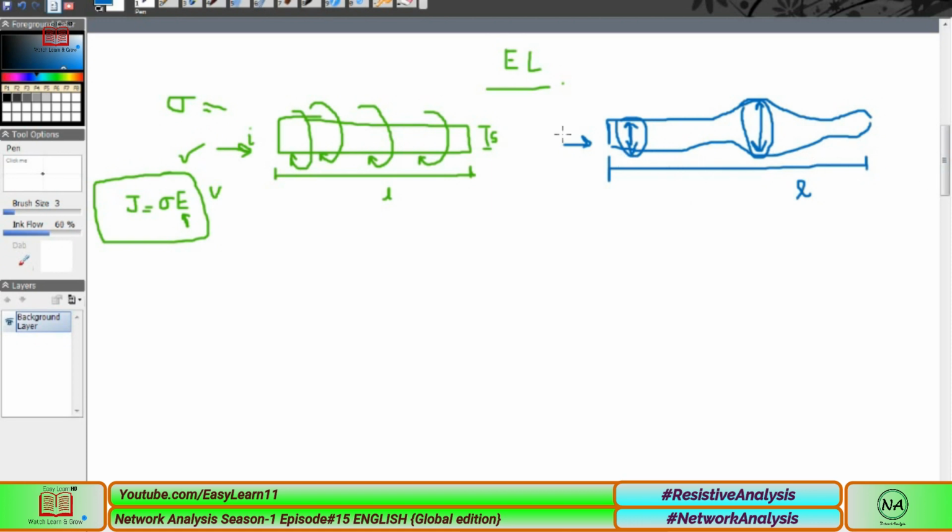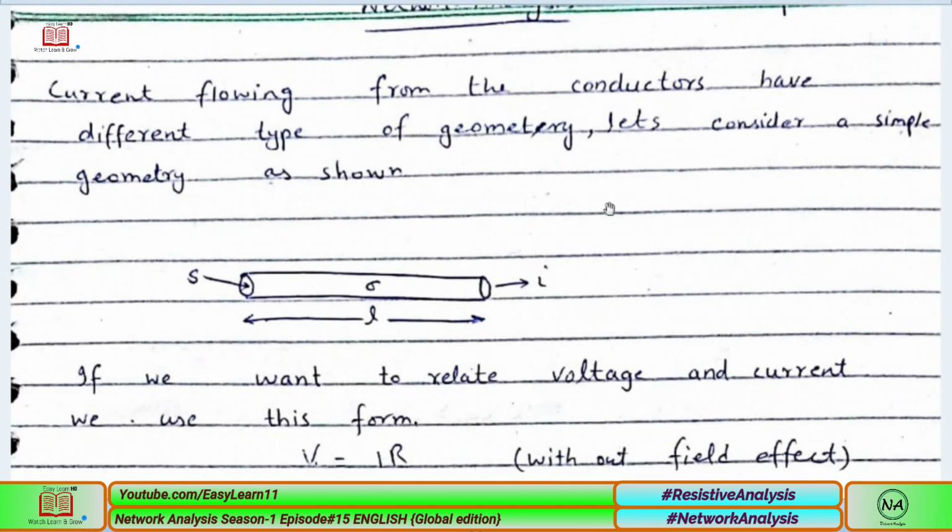So when the current is flowing, the pattern of the electric field may change throughout the length L. For example, here we have this type of electric field, but when we go to this place, a different and quite unique situation is created. This may create a complex situation for us.